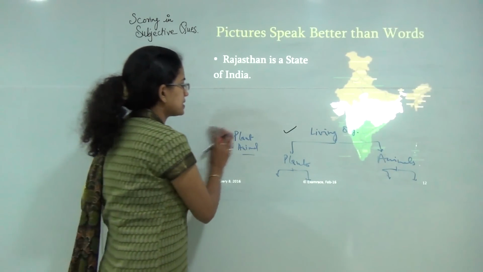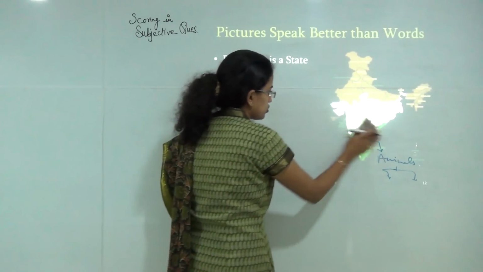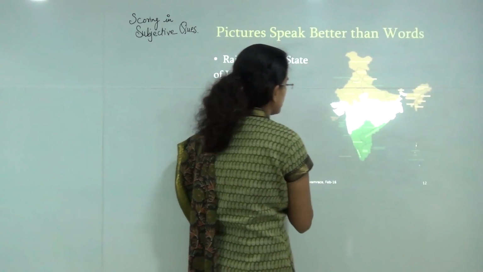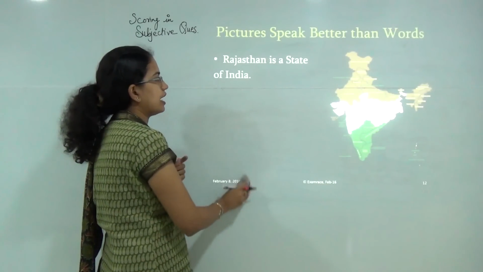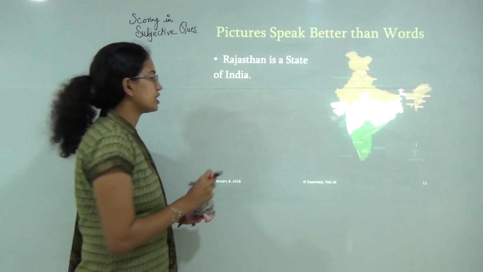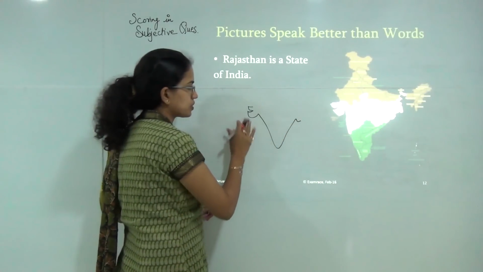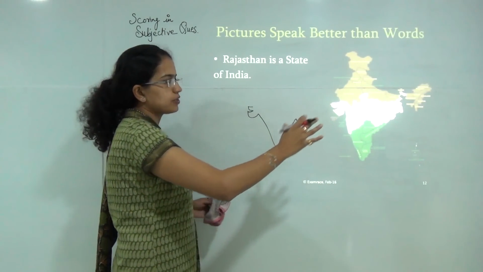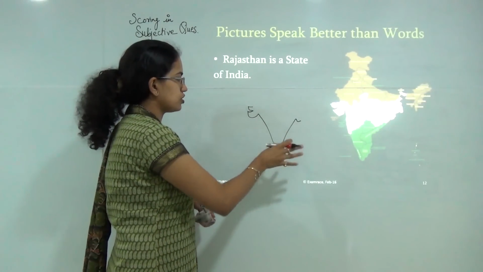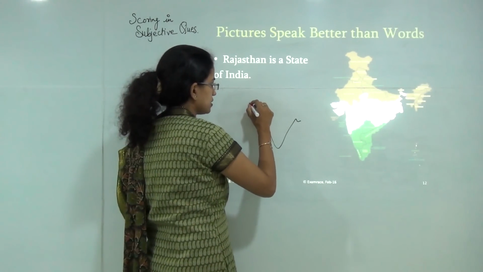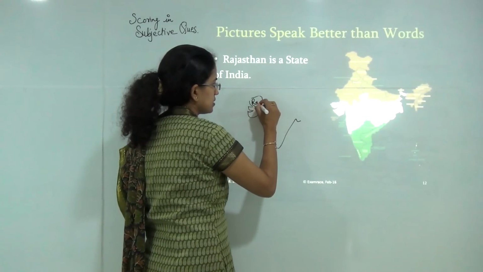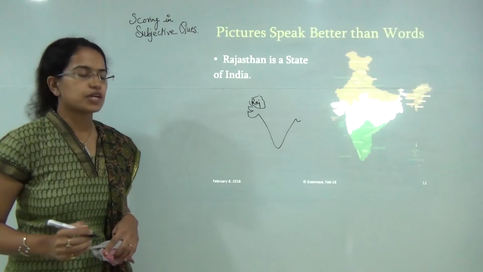Next is, pictures speak better than words. So if you are mentioning somewhere that Rajasthan is a state of India and you are trying to write something about Rajasthan, you can do a quick mapping. If you are not able to draw the complete map of India, just draw the lower section, and in this region you can mark the state of Rajasthan.